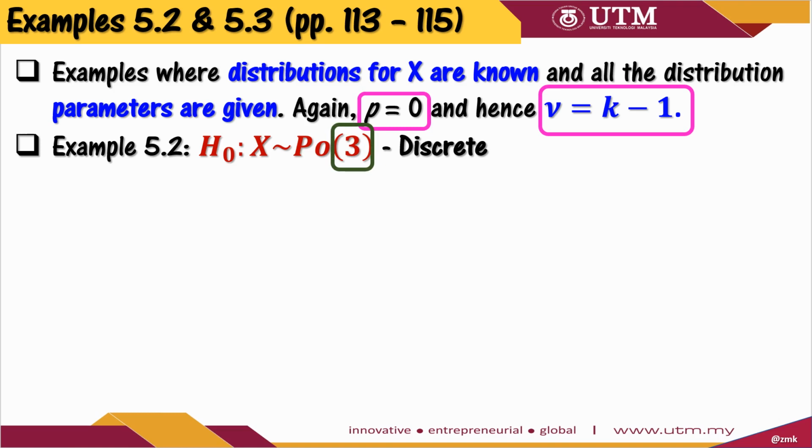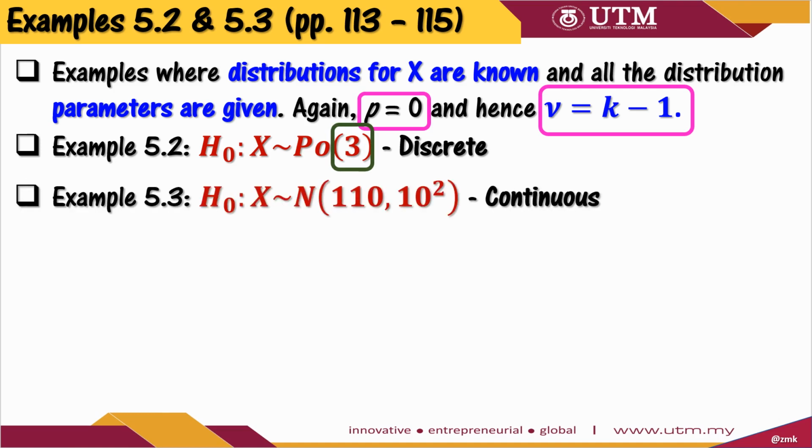Similarly, in example 5.3 under H0, we assume that the variable x, which represents the adult IQ scores, follows a normal distribution with mean 110 and variance 10 squared. Again, both parameters mu and sigma squared are known. Therefore, the number of parameters to be estimated in this example is also 0.